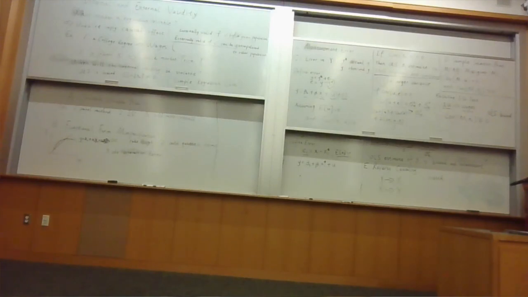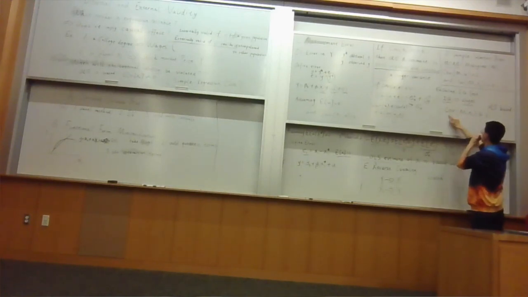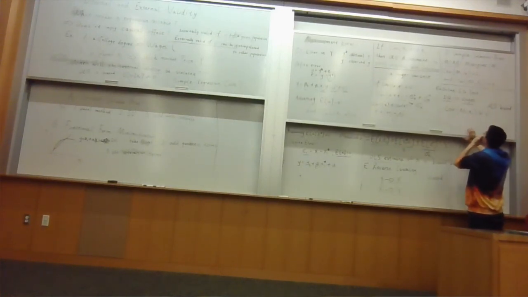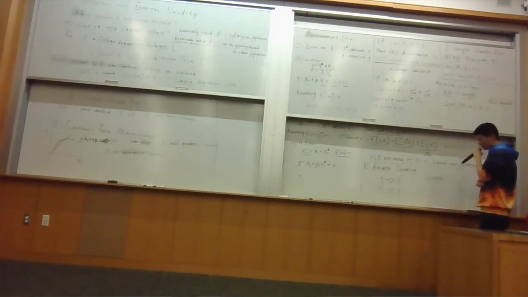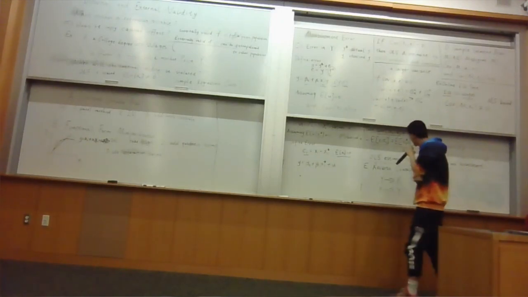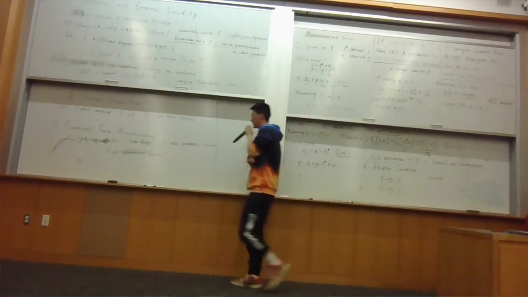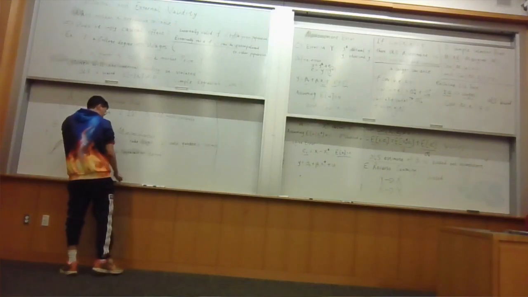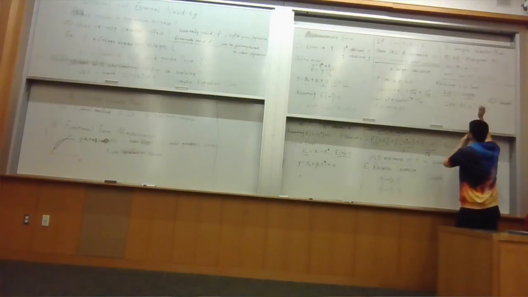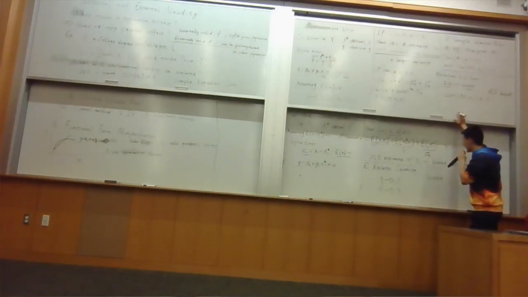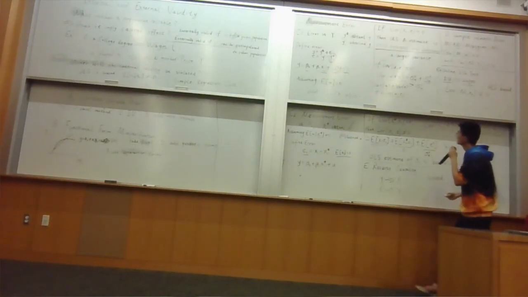So your OLS in this case is biased because the covariance of your missingness and your x1 is not 0. Anytime you have a missingness that is correlated with your independent variable, your x, or correlated with measurement error, you will have a biased estimate of beta 1.